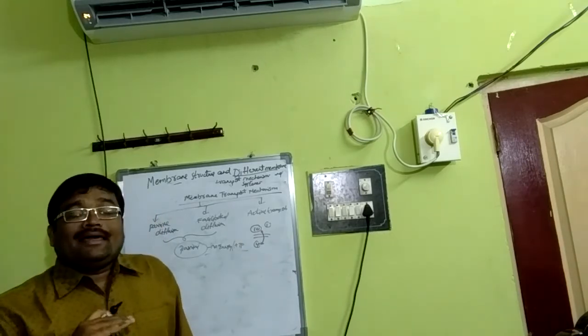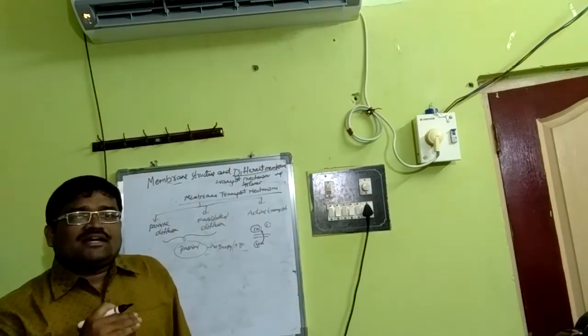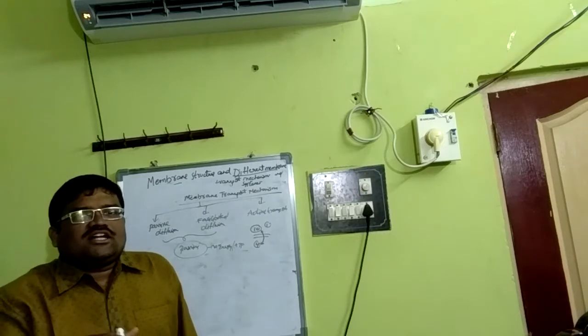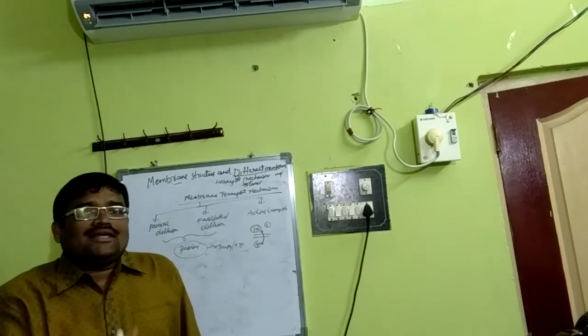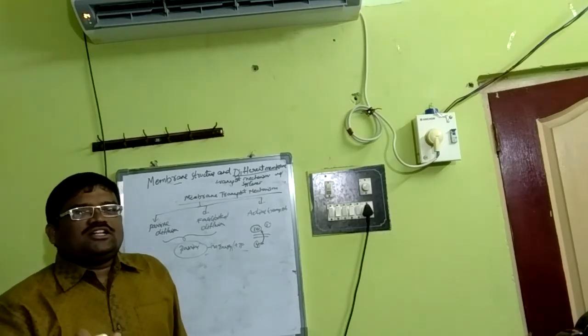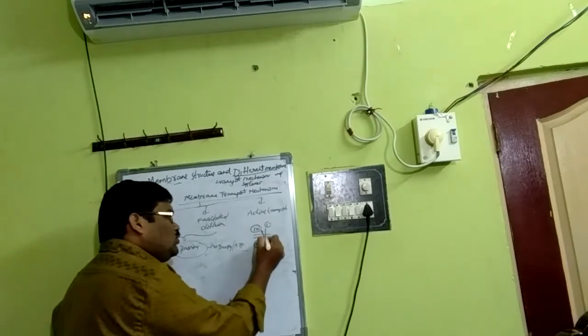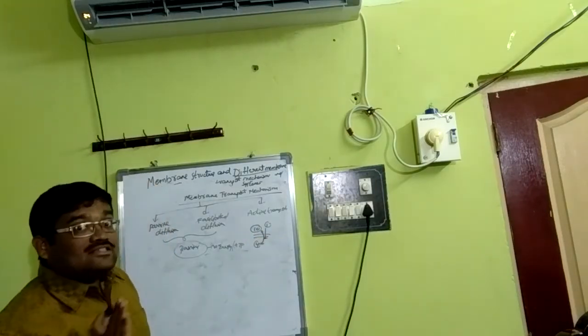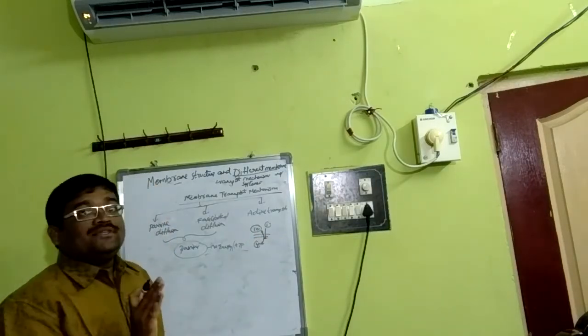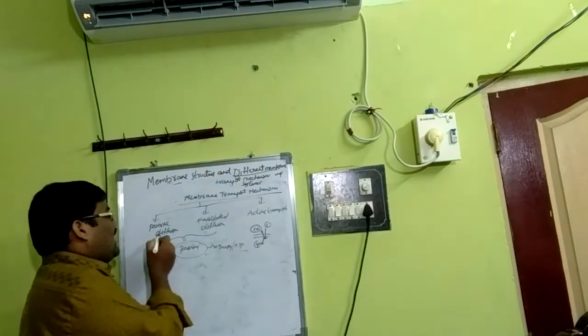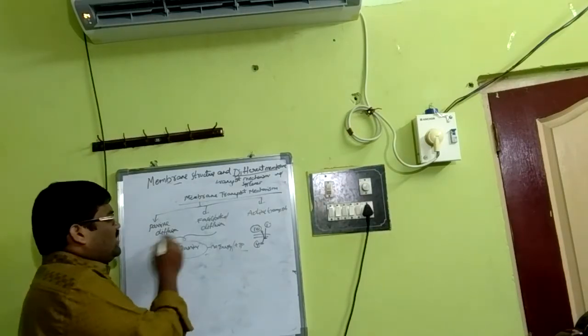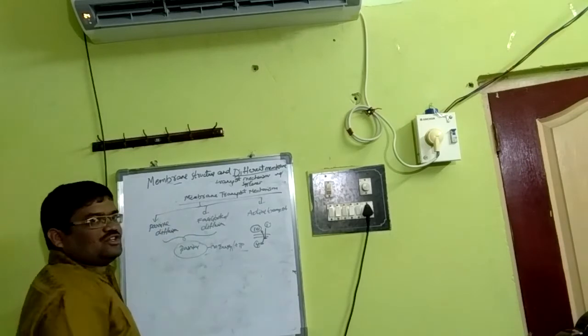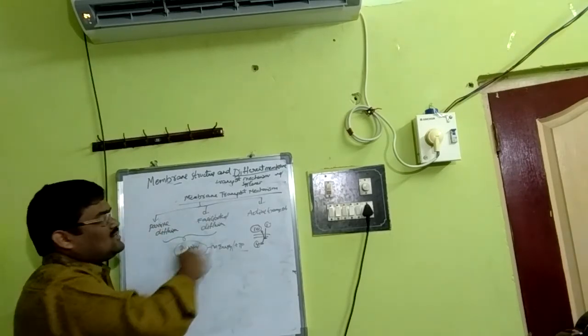The movement is facilitated by the concentration gradient, and the direction of movement is along the concentration gradient, that means high to low, not against it, which would be low to high. Passive diffusion means the components will move from high to low concentration. Just basics, and we will discuss with regard to structure.